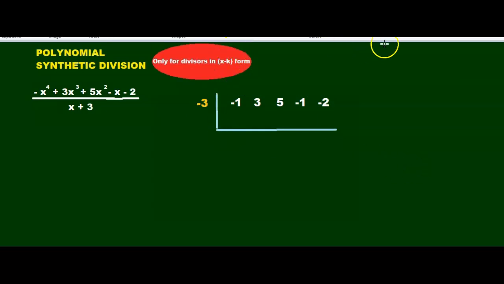Okay, now again, we want to bring down our first coefficient. So my negative 1 comes down. So I have a negative 1. Then I'm going to do negative 3 times negative 1, which gives me a positive 3. Then I'm going to add my 3 plus 3, bring it down to give me 6.